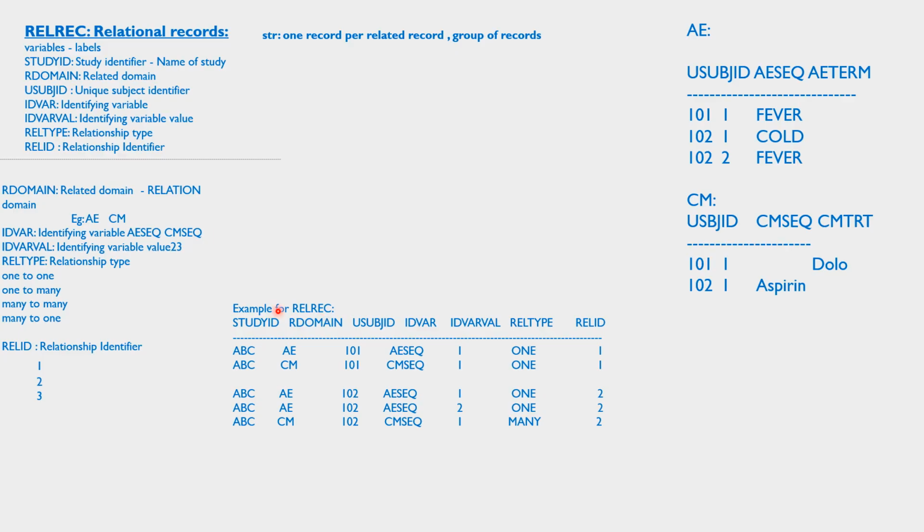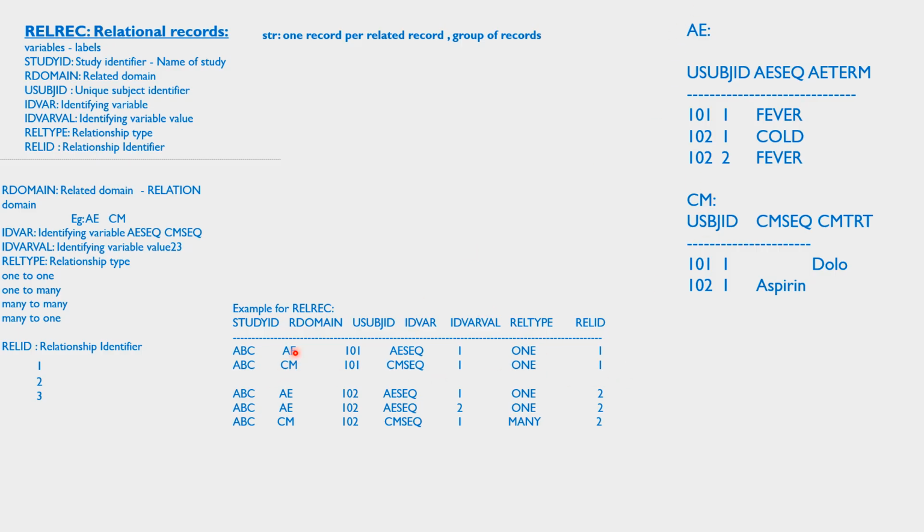For example, for the AE and CM domains, how will we capture it here? The study ID will be the same, like ABC. The RDOMAIN values relate AE and CM.